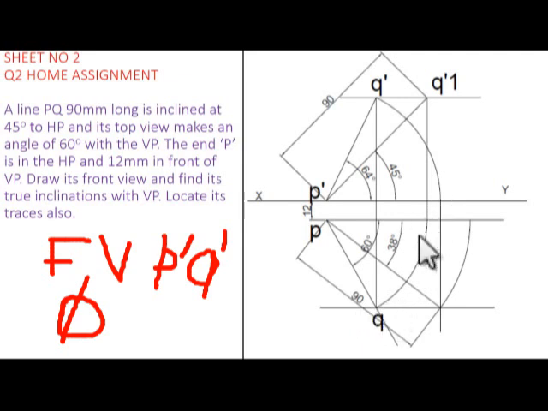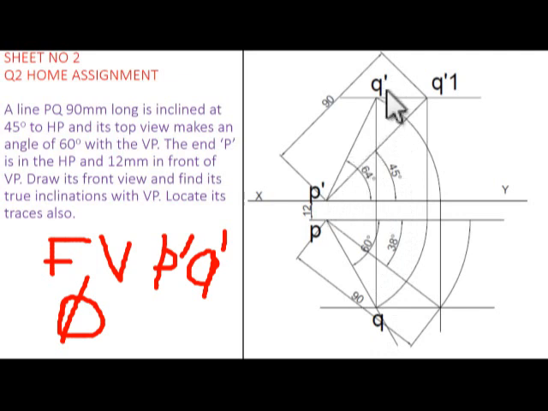Stop here. At the same time, draw this 60 degree angle and draw this line of any length. Rotate this point to here and you will get this Q point. Now you have the plan PQ. Project this Q point to the locus and you will get Q prime.